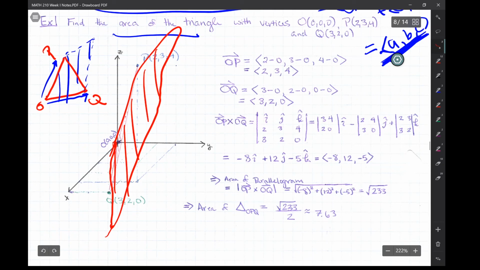Minus. Why the minus? Because you have to alternate signs when you take determinants of 3 by 3 matrices. So you get this J hat. And you would be left with these terms. So you'll have 2, 3, and 4, 0 there. To get the determinant of that smaller submatrix, you would go 2 times 0 minus 3 times 4.